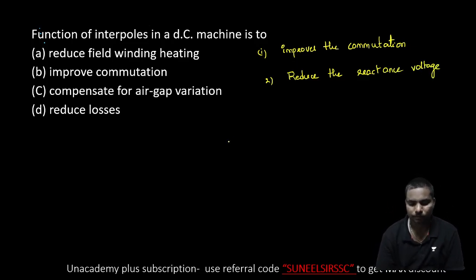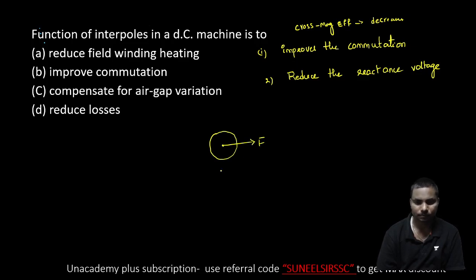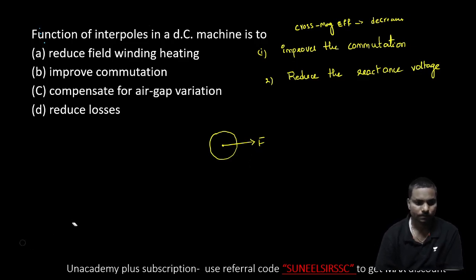And also one more thing, cross magnetization effect also decreases. Why? Because for example, if you consider it is the armature, we have to take anyone as a reference, or consider it is the main field MMF.